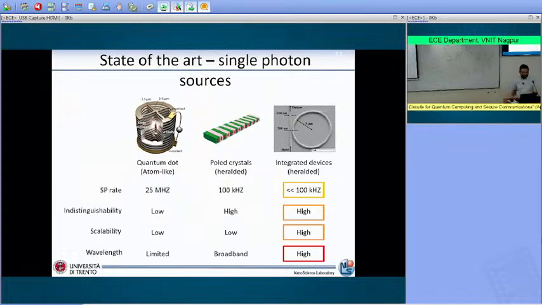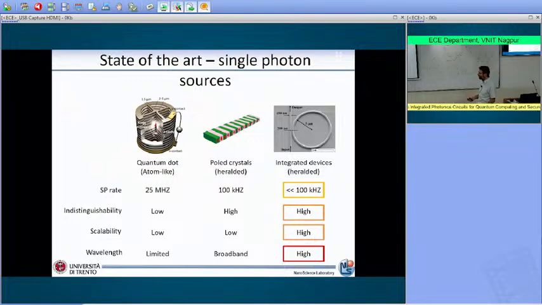What are the properties? In terms of numbers, the quantum dot sources can generate some 25 million photons per second, so very high brightness. But the indistinguishability is low. The scalability is low, meaning that you need quite complicated experimental settings.